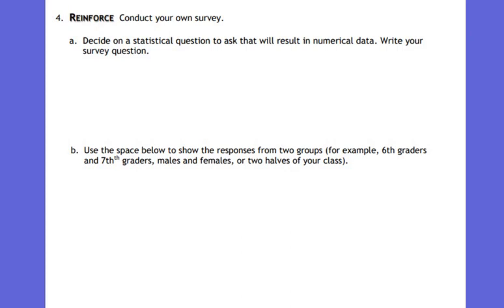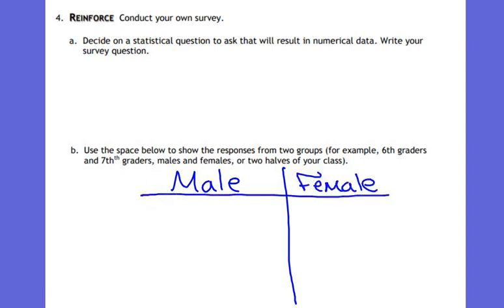So what I would do on the bottom half, let's say I'm using social media one for my example. So I want 2 groups. I would create a chart, male, female, and then I would have my categories over here.